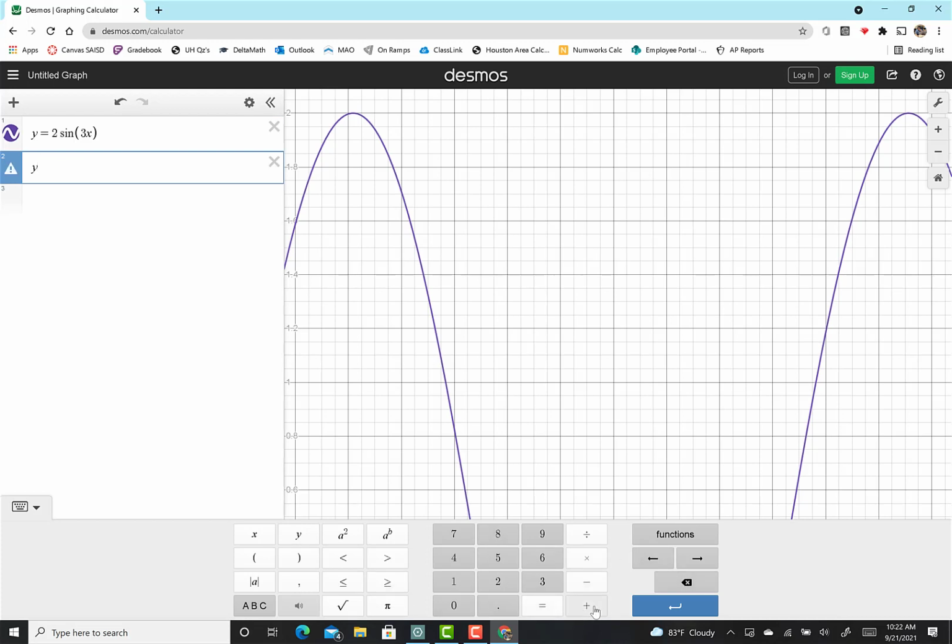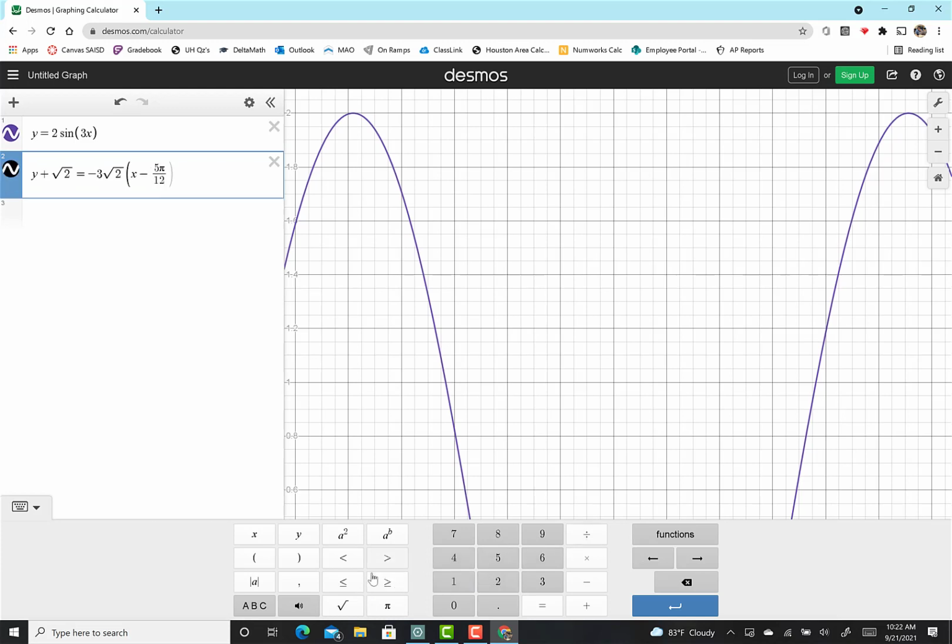What was my tangent? Y plus square root of 2 equals negative 3 square root of 2 parentheses x minus 5 pi over 12. Sorry, negative 3 square root of 2, x minus 5 pi over 12.